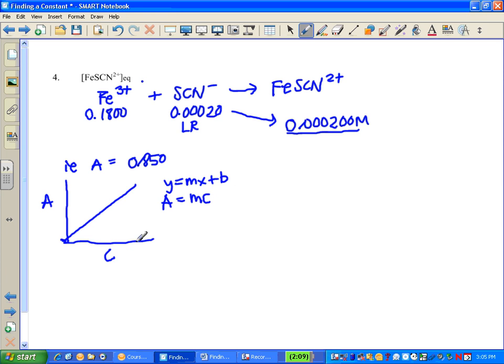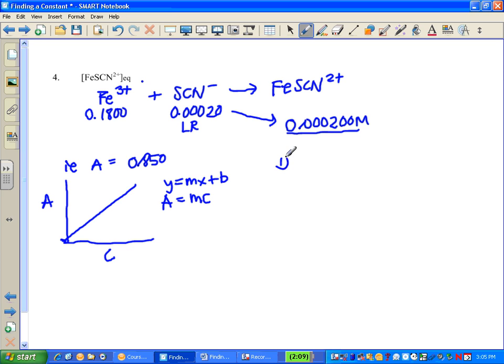So in this case, I'm going to use my standard. I have a standard where I know the absorbance and I know the concentration. So I know my A and my C, and I'll use those to find the slope of the line. Once I know the slope and the equation of this line, I can solve for any values I want. So for any absorbance, I can determine any concentration.